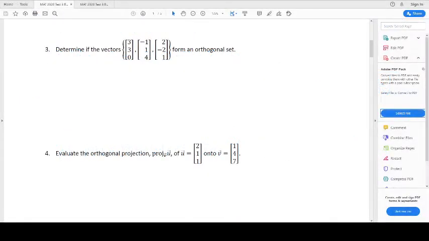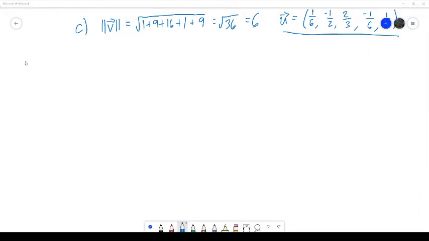Okay, and then for number 3, we want to determine if this set of 3 vectors forms an orthogonal set. Let's just write these down: 3, 3, 0, negative 1, 1, 4, and 2, negative 2, 1.